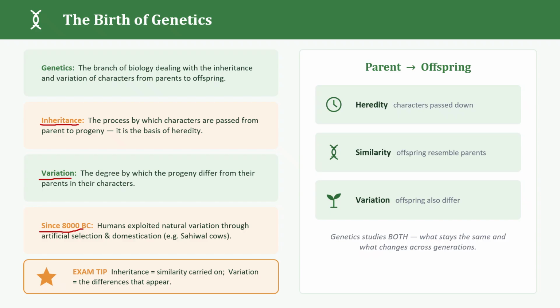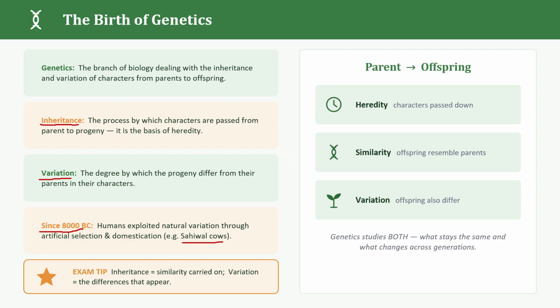For example, the Sahiwal cow was developed through selective breeding. Genetics explains why offspring are similar to parents and why they are also different. A child may inherit black hair from the father but have the mother's height.